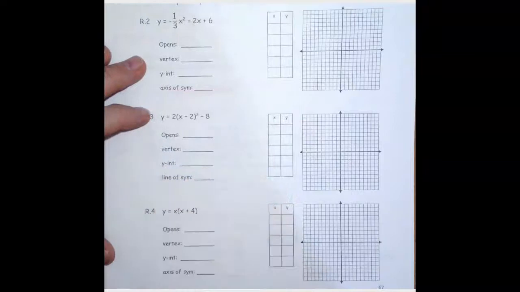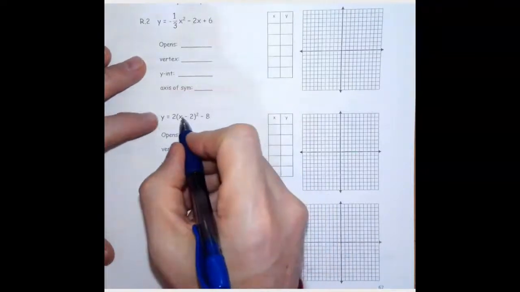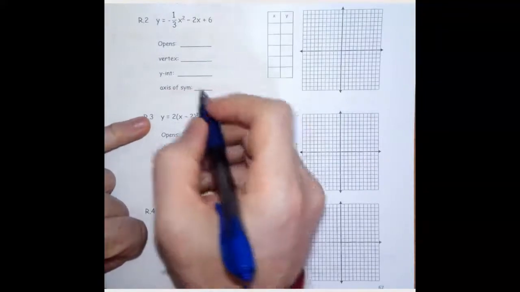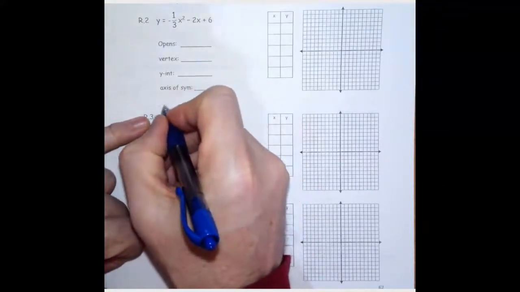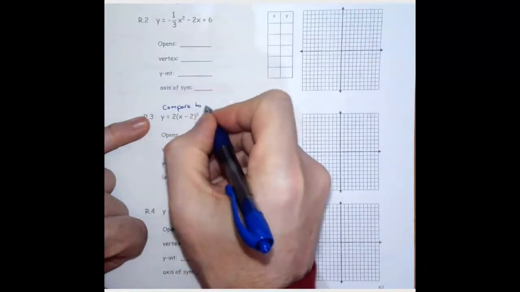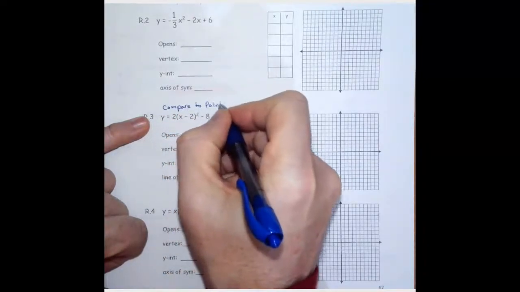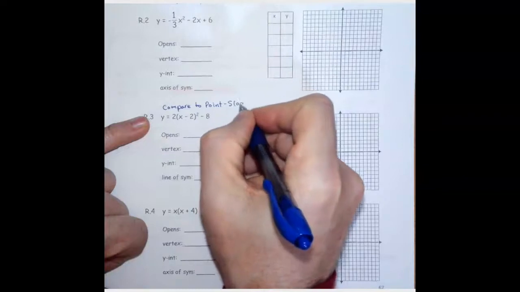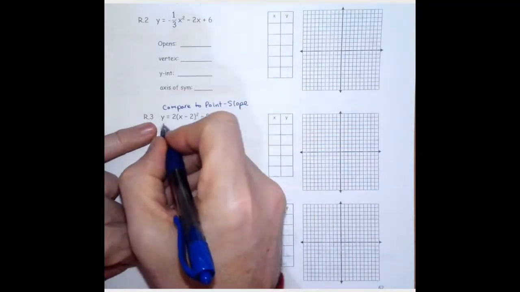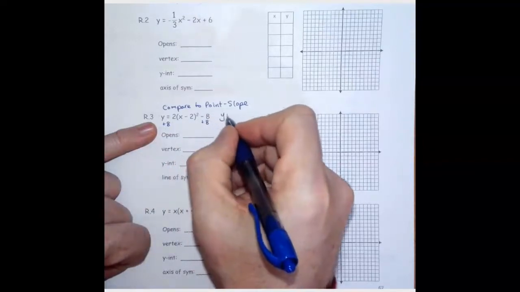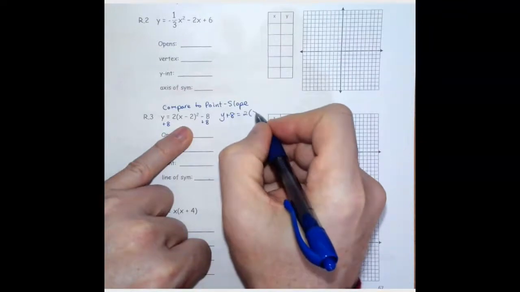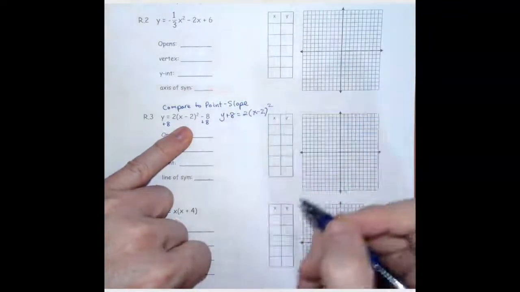So what I like to do is compare this to point slope form. So if I add 8 to both sides, I'll get y plus 8 equals 2 times (x minus 2) squared.